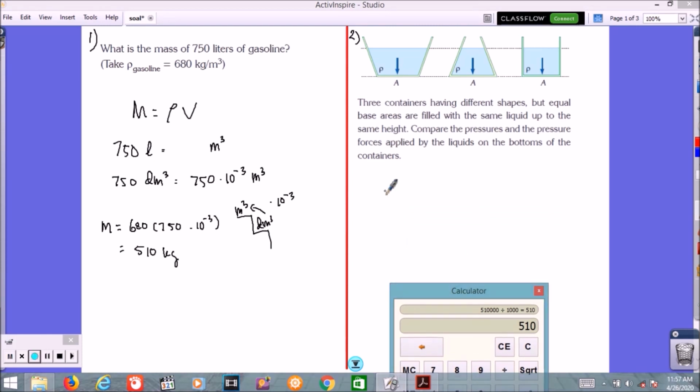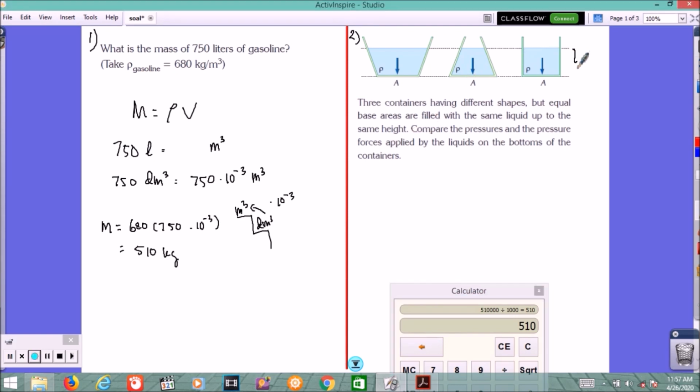Next, number 2. Three containers having different shapes but equal base areas are filled with the same liquid up to the same height. Same liquid, same height. Compare the pressures and the pressure forces applied by the liquids on the bottom of the containers. First, let's compare the pressures. The pressure P equals rho g h. The rho is equal, the g is equal, the height is equal.